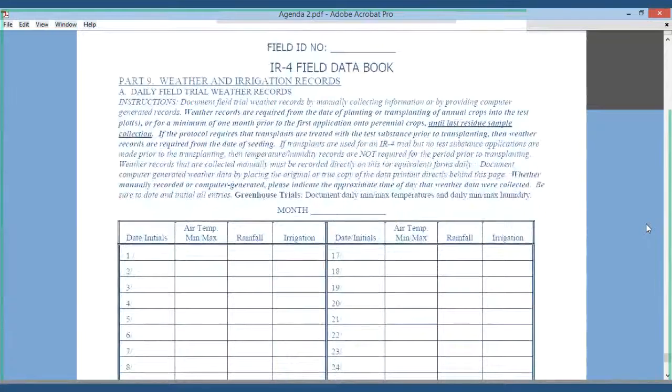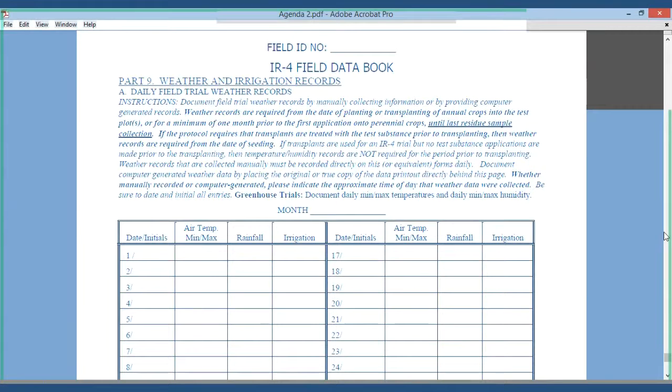Next page, please. Okay, so if you're doing a field trial, that field trial is subject to whatever temperature is outside, the amount of sun per day, the amount of irrigation, the amount of rainfall. So you'll need to collect the air temperature and rainfall. Rainfall, you can simply utilize a rain gauge for that type of information.